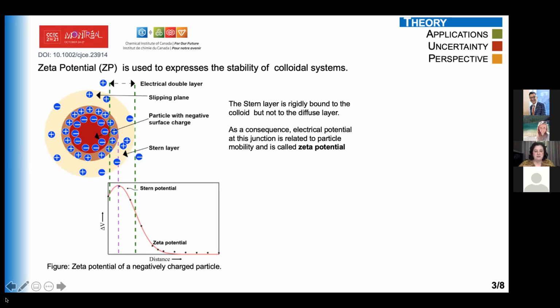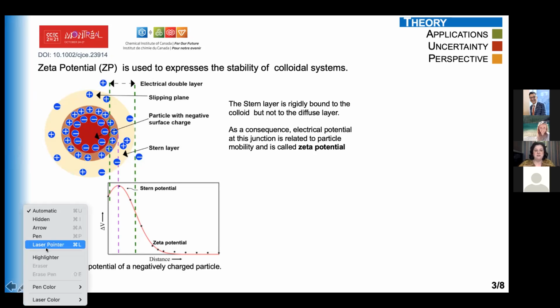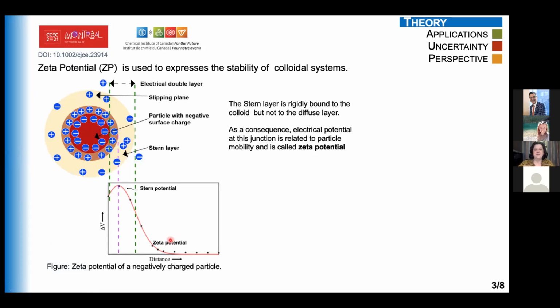So let's see if we can take the laser pointer. Okay. So the zeta potential is actually the potential that we can measure at this boundary. It's very useful, as I told you, for colloidal stability, and it's a simple and quick measurement.